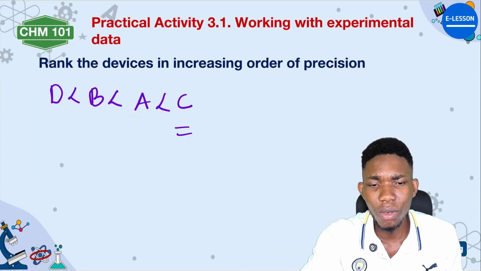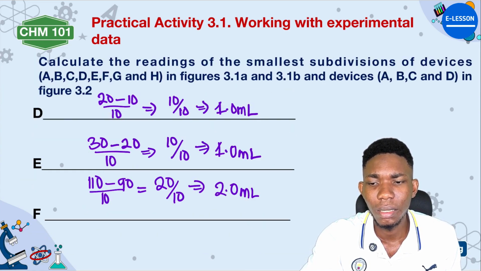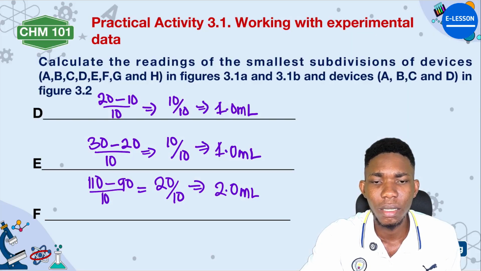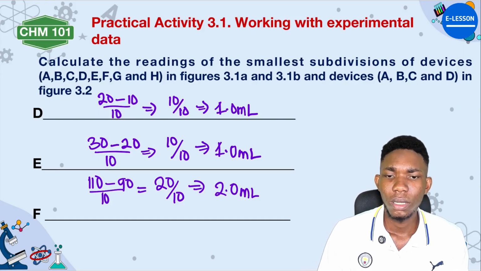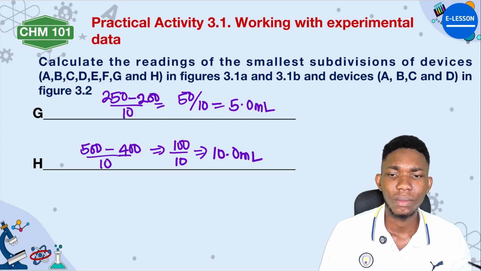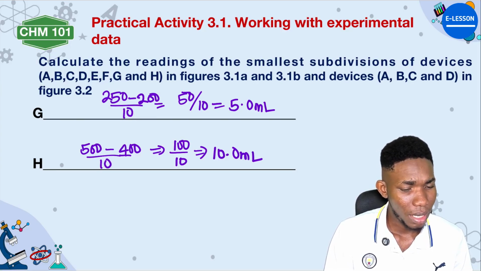Because if you say 700 mark and the smallest subdivision for the last one was 10 mil, and the cylinder, what's the capacity of the cylinder?